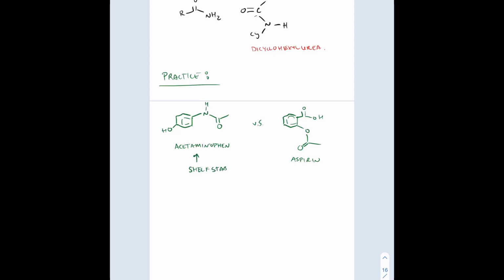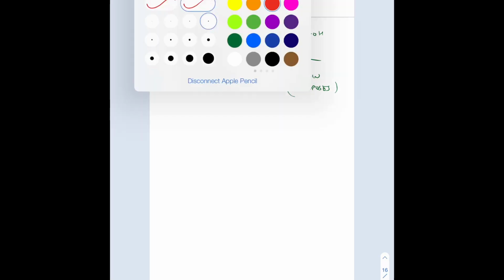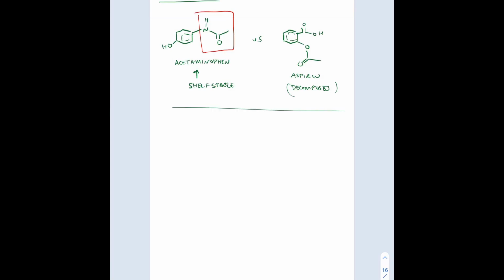All right, so we have acetaminophen on the left and aspirin on the right. Acetaminophen is shelf stable while aspirin eventually decomposes. Now, think about why that would be. Well, we have an amide functional group, and then on the other, aspirin, we have an ester functional group.